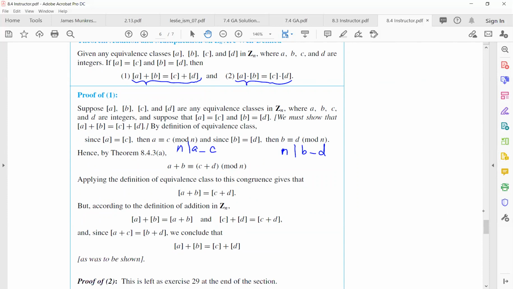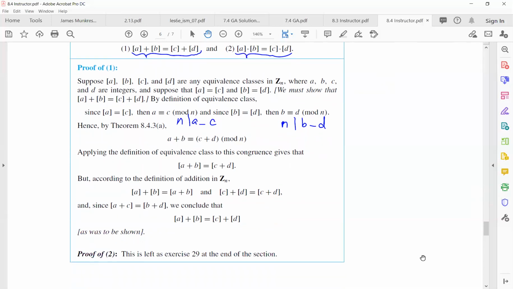You can just add a and b, which we know is congruent with the sum of c and d mod n. Or you can just use the definition directly and show that n divides the difference between these two sums. Therefore, the equivalence class of a plus b is equal to the equivalence class of c plus d.